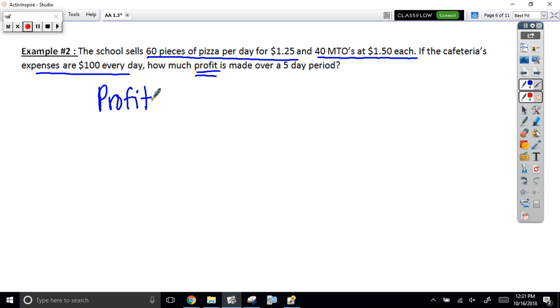So to figure out how much profit they're earning, we're going to take their income, or you could even say just the amount of money they make each day, the income, and we're going to subtract our expenses. So in the cafeteria downstairs, every day you guys pay for lunch, they get a total amount of money, but they have to subtract how much they owe to their food service that they buy their food from. Also, some of their expenses would be like the salary of each of the cafeteria workers. So that would also be considered an expense. But we don't know all of that information.